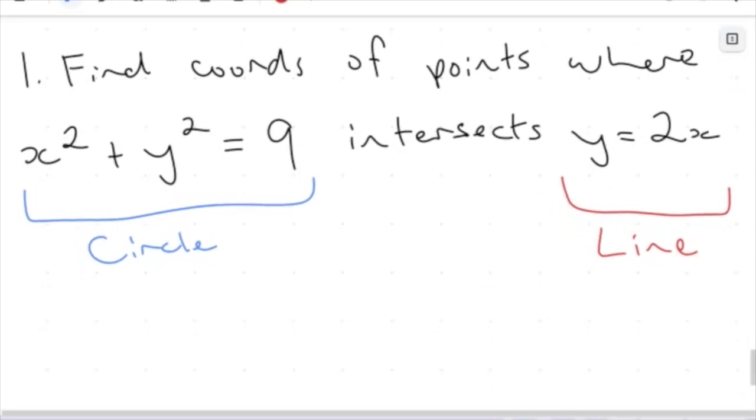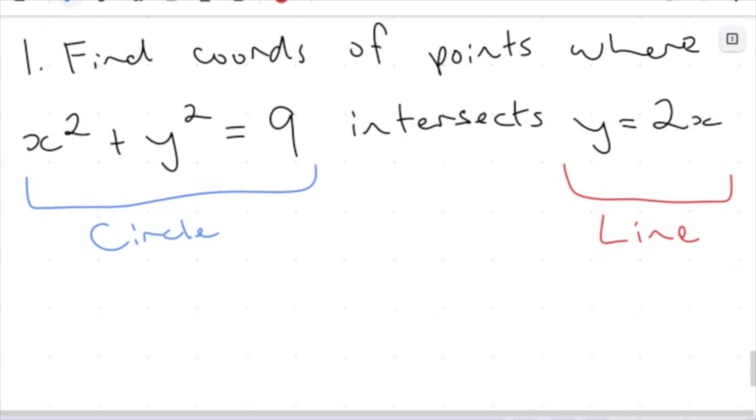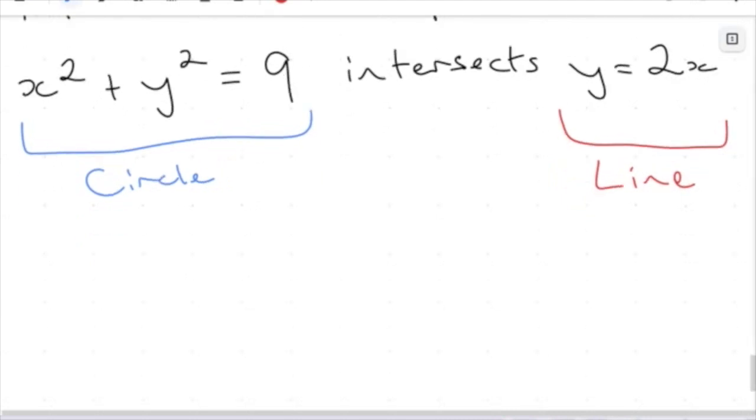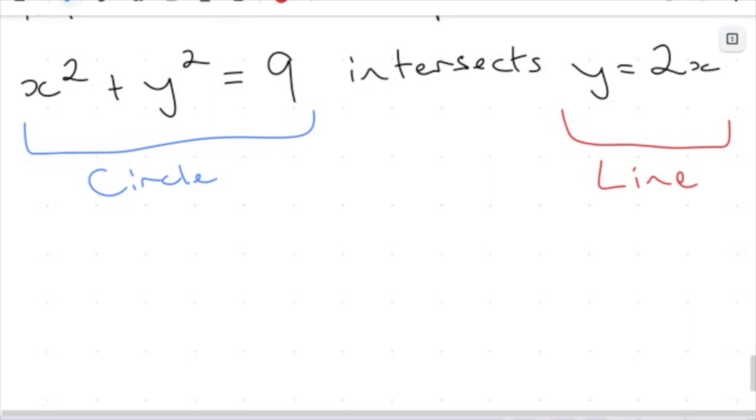Now, if we even think about just doing a rough sketch, we don't even need to draw something perfect, but we can sort of understand what this looks like, and then it'll already give us an idea of the type of solutions we have. Now, if we have this circle, x squared plus y squared equals 9, remember our circle formula is given by x squared plus y squared equals radius squared.